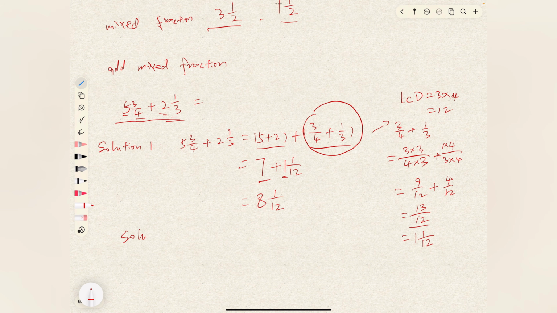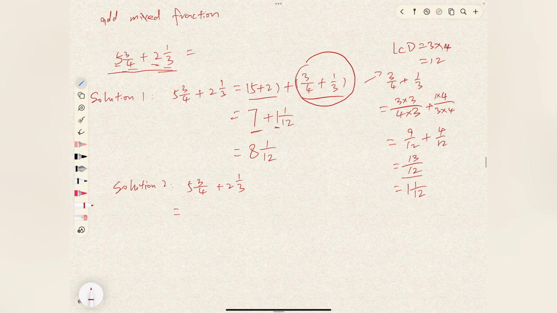In solution 2, let me copy this down first. We can just change this and this, change mixed fraction to improper fraction.